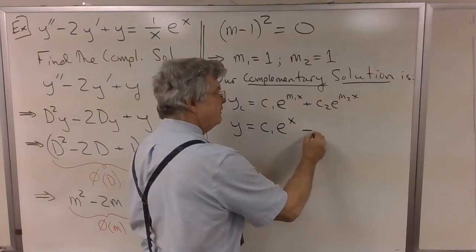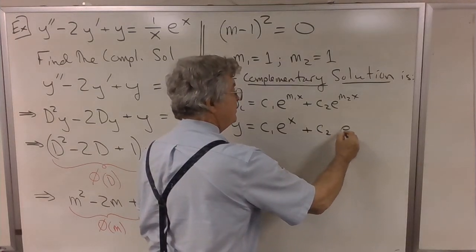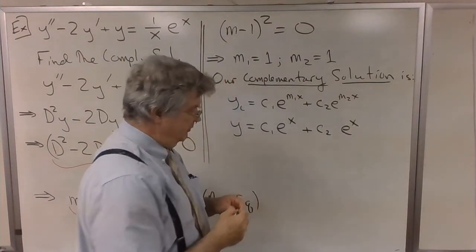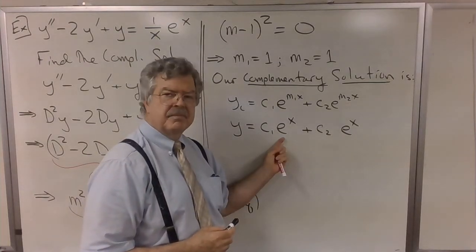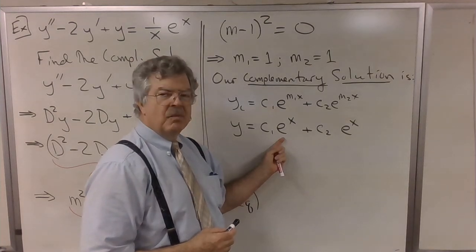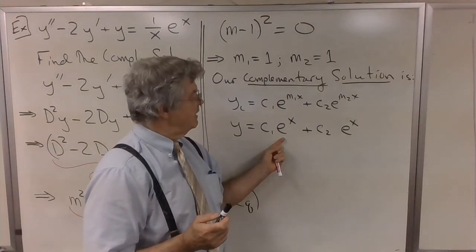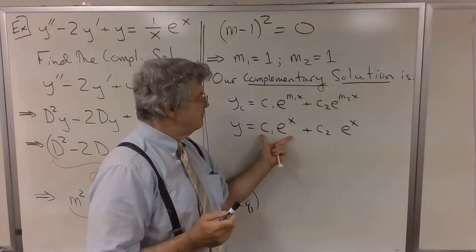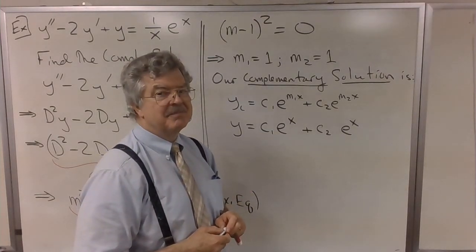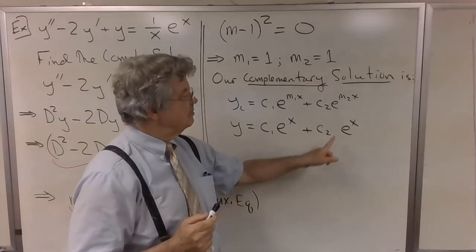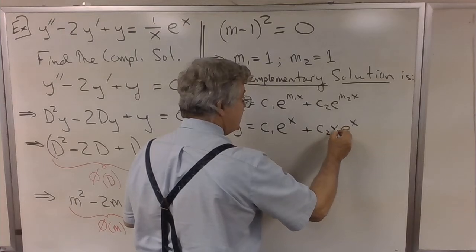But now if we pull that same trick here, we're going to have c2 e to the x. These are essentially the same solution. One is just a constant multiple of the other. So to get a solution that's independent from this one, what's the trick? Multiply the second one by x, is that right? That's exactly what we do.